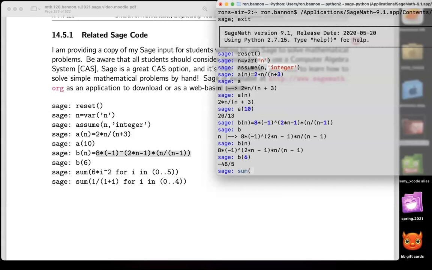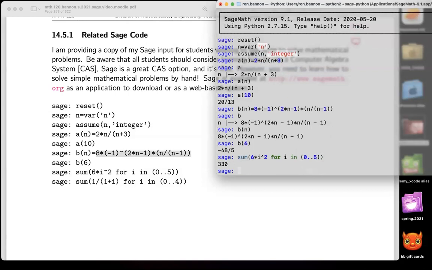We're going to sum 6 times i squared for i in, and if you remember back when we did complex numbers, the uppercase I was the unit imaginary. In most computer languages, i is just some counter variable, so I'm going to count i as 1, 2, and so on. So i is in the interval from 0 to 5.